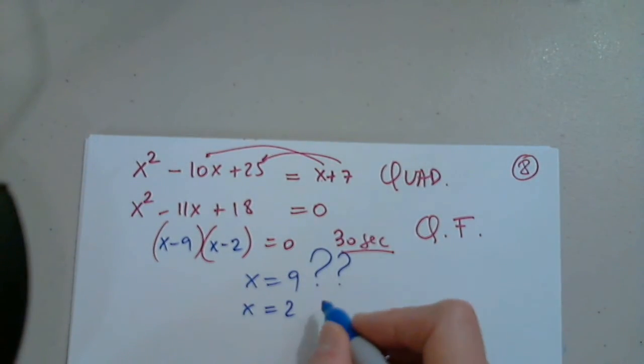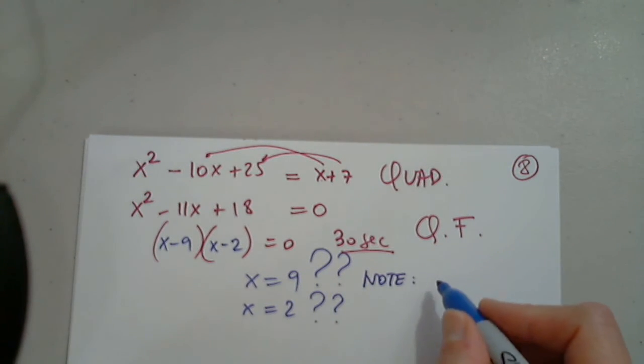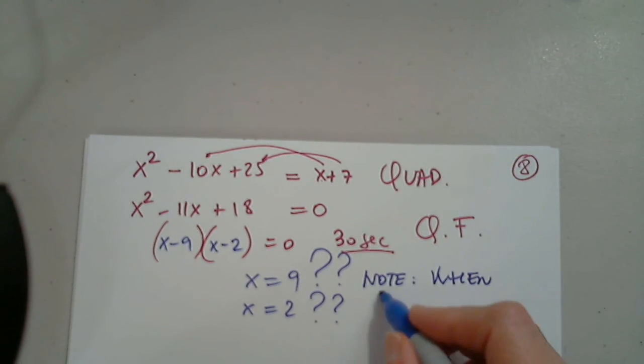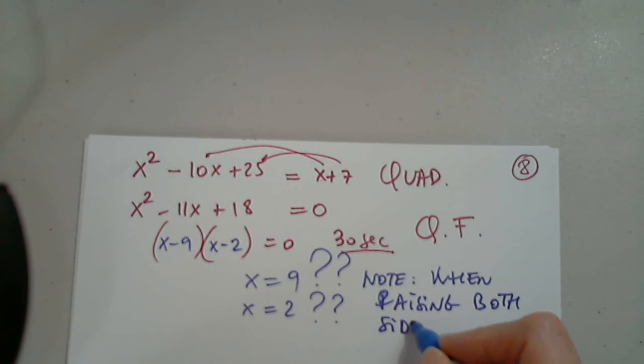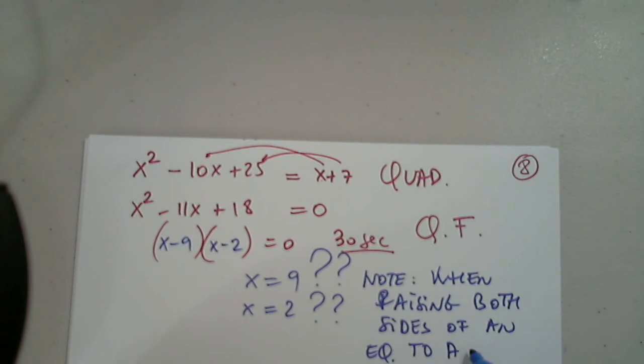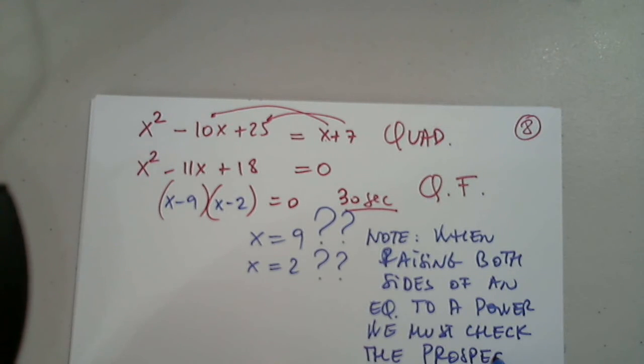Big question mark. Whenever we are raising both sides of an equation to a power, normally it happens for the even powers, but in general, we must check the prospective solutions.